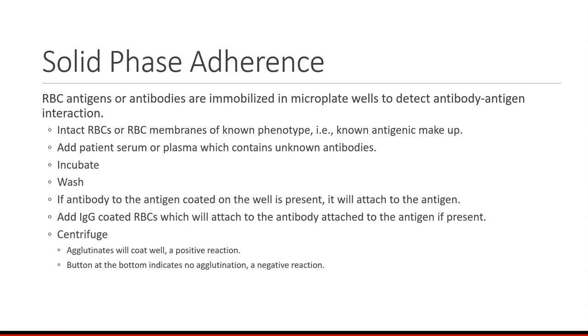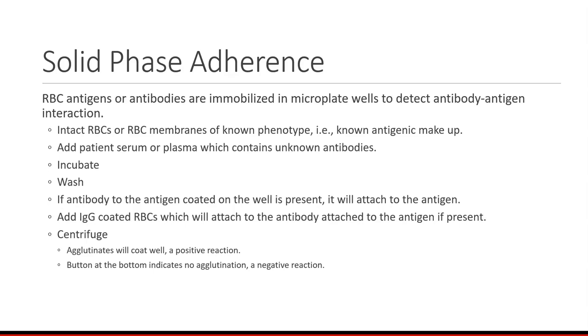We then add our unknown, which is patient serum or plasma, which has the unknown antibodies that we may be looking for. You incubate, then you wash off the unreacted antibodies. Then, if antibody to the antigen coded on the well is present, it will attach to the antigen on the side of the well, and it sticks.